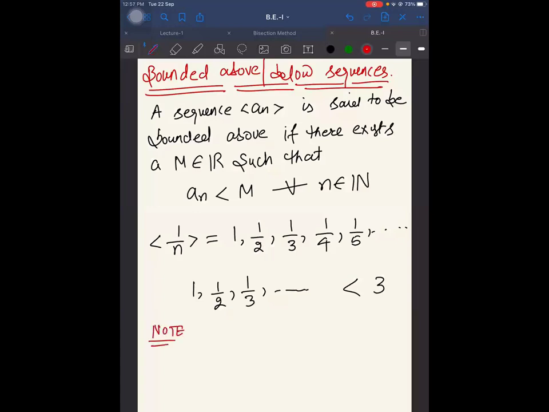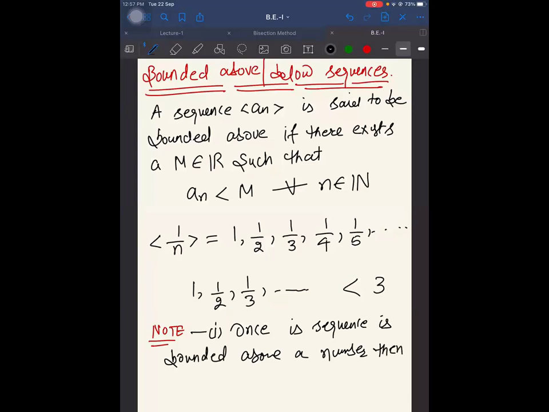So I'll say that once a sequence is bounded above by a number, then there exist infinitely many bounds.